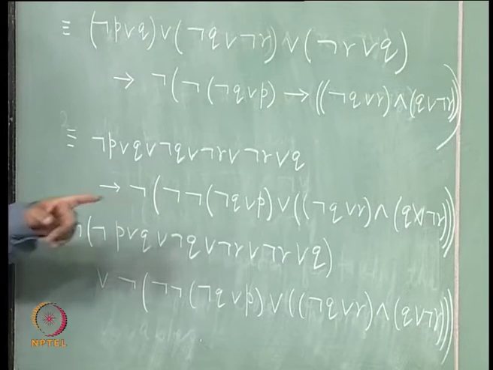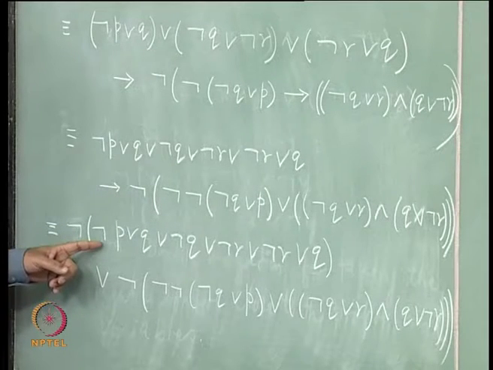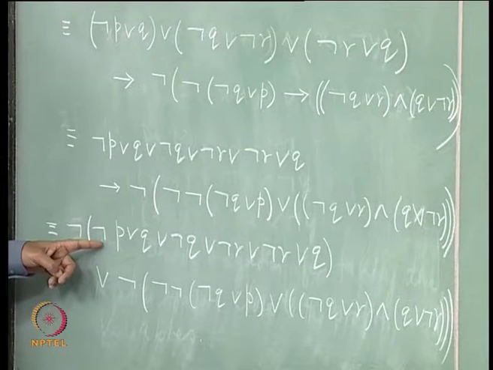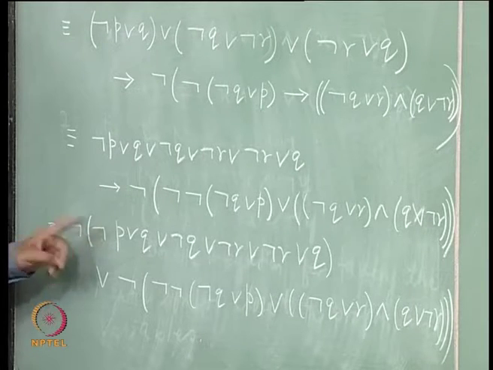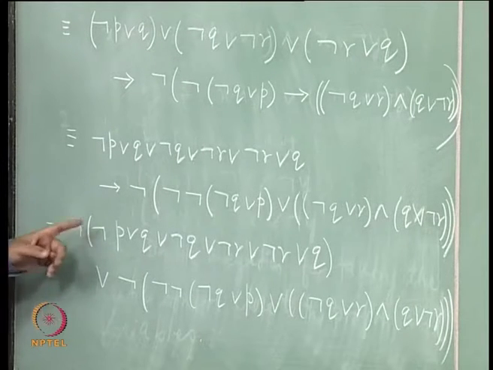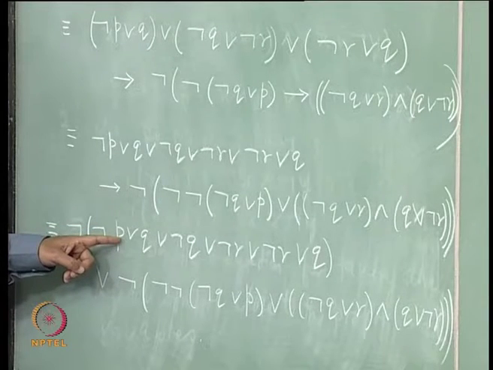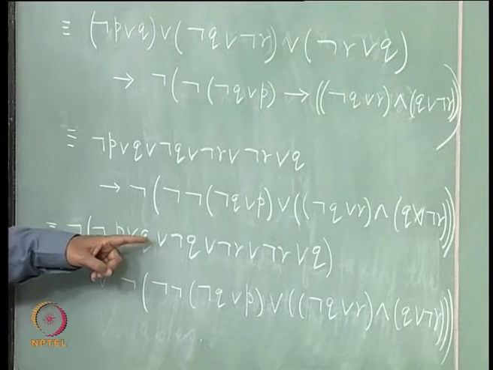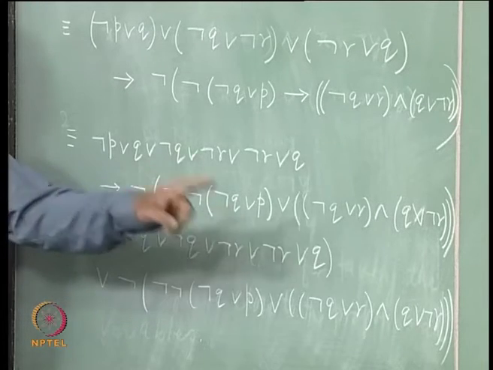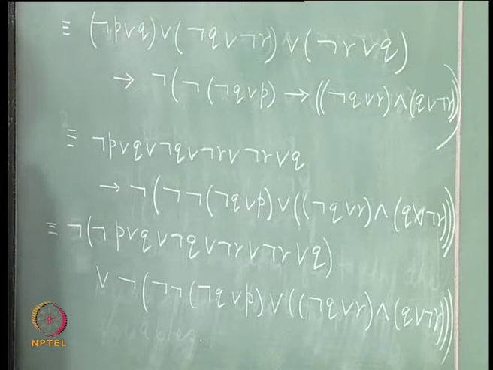This not will go inside. De Morgan's law says that while it goes inside, it goes on changing the ORs to ANDs and ANDs to ORs, right. That is what it will do. And if you use double negation along with that, so when it goes, it becomes P and not Q and Q and so on. Is it okay?